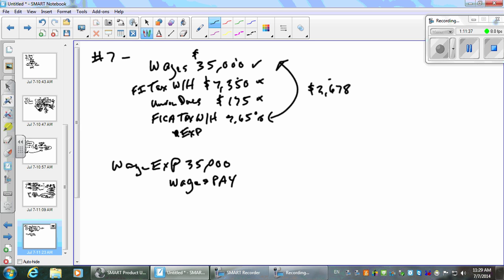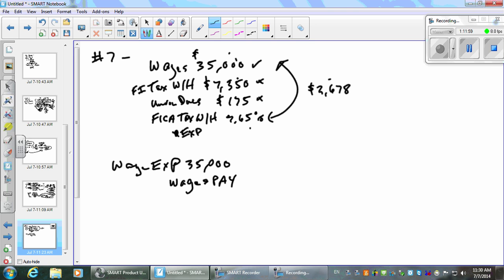Withheld. It says that no employee had reached the maximum, so what does that mean again? What that means is you're going to have the 7.65% on the whole 35,000. Okay. That makes sense? Yeah. If somebody's over, you don't have it on them. So you'd have to just figure out what portion of the payroll is not over the limit. So only really high paid employees go over the limit, obviously, right?